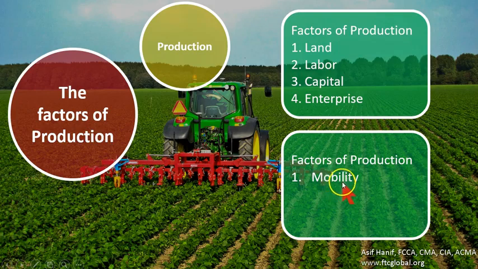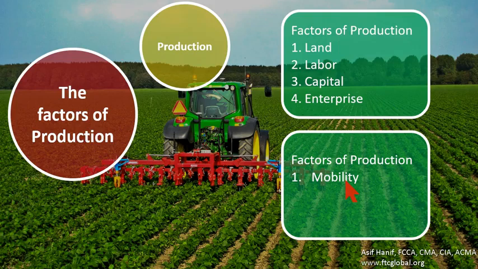Factor mobility may involve the movement of factors between a firm A, where you have used your land, labor, and capital. You can switch the usage to another firm B, right? So mobility means using your factors of production from one use, one production process to another.